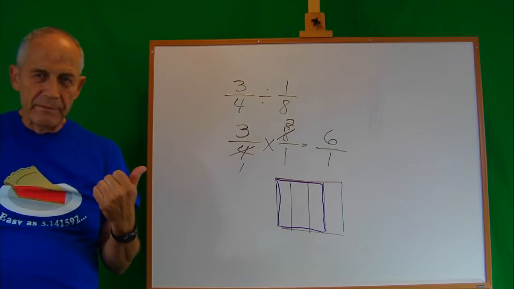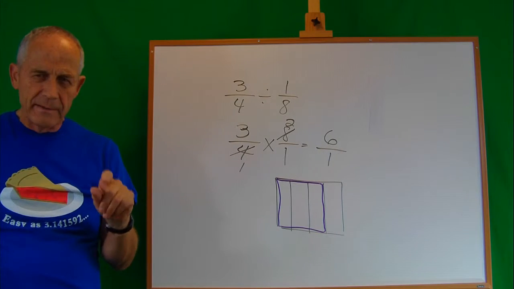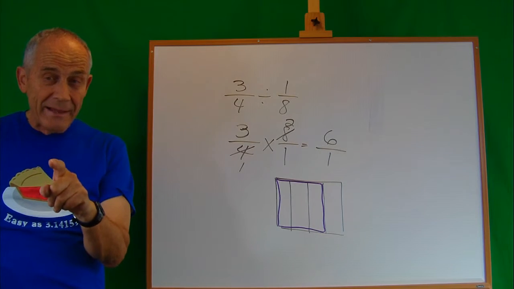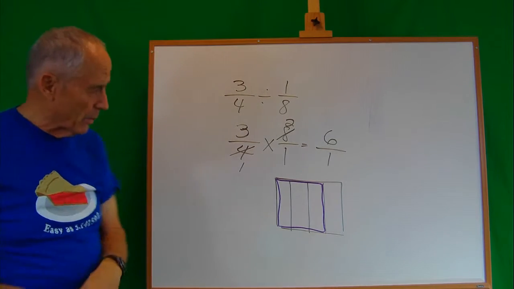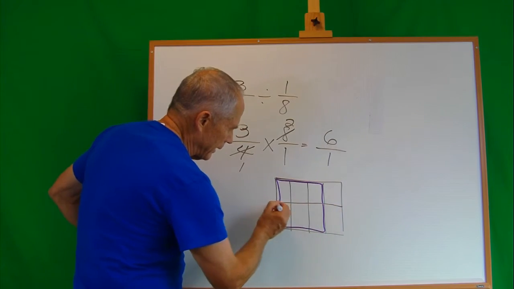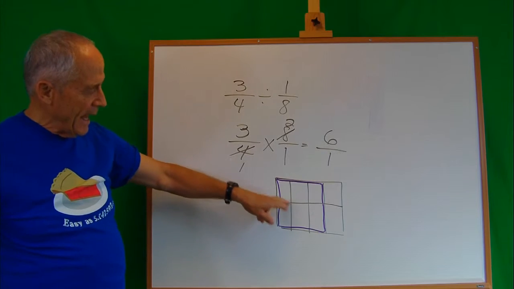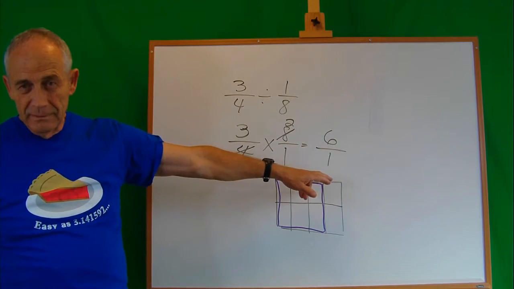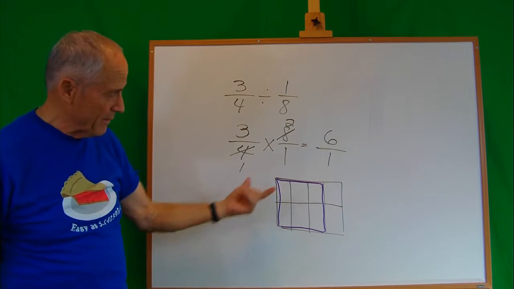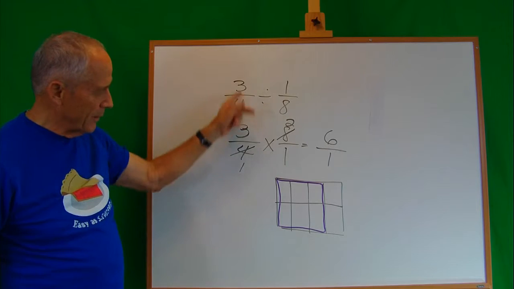Okay, so I want to divide it by 1/8, so I want to find out how many 8ths there are in the 3/4. Well, remember, if I'm talking about 8ths, there have to be 8 equal ones. So if I split those 4 in 2, guess what I've got? I've got 8 equal pieces. By taking the 4/4, splitting them in half, I've got 8. Look how many there are in the 3/4 part.